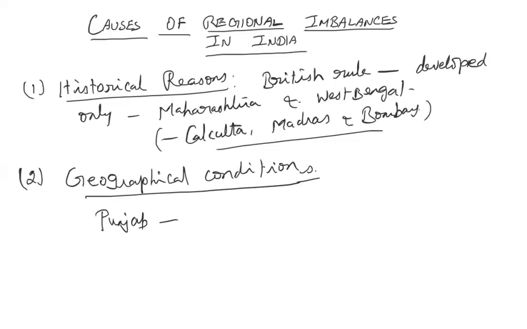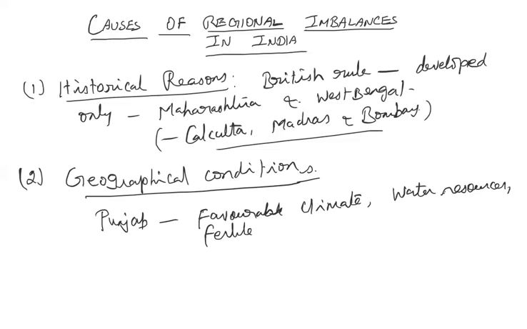You have a favorable climate, plenty of water resources, the Ganges, fertile soil, all favoring agriculture, especially the production of wheat. Because of that reason, Punjab was able to develop. This is the geographical condition. Natural resources are available in that particular state, so they are able to develop.